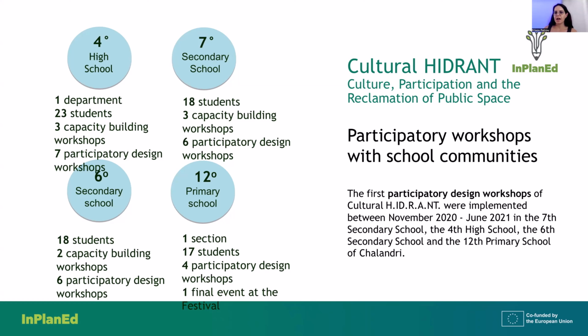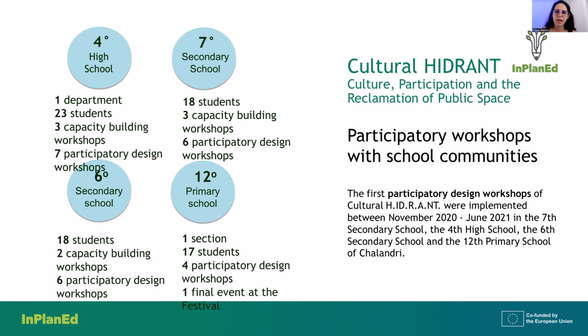The aim was to co-design the schoolyard together with the students, because there were schools nearby a part where the water from the Hadrian's Aqueduct runs beside. So the aim was to connect this with the school and how it affects students' lives.